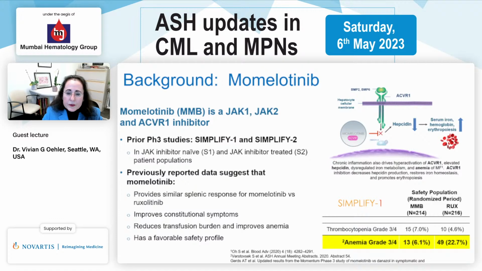Spleen response and symptom improvement are key primary endpoints in myelofibrosis trials. Most importantly, grade 3 or higher anemia was lower with momelotinib-treated patients, and as shown here for SIMPLIFY-1, was seen in only 6.1% of patients who received momelotinib versus 22.7% receiving ruxolitinib.